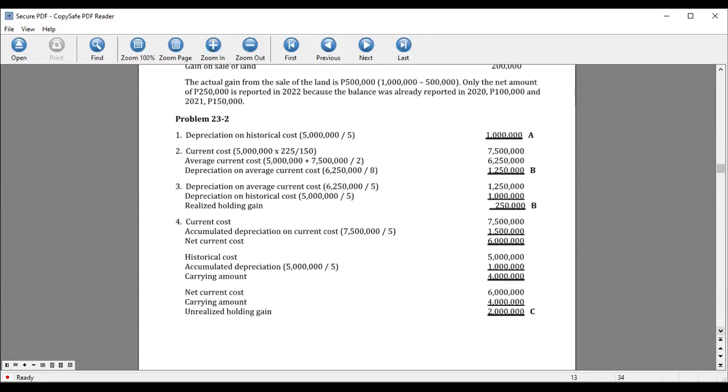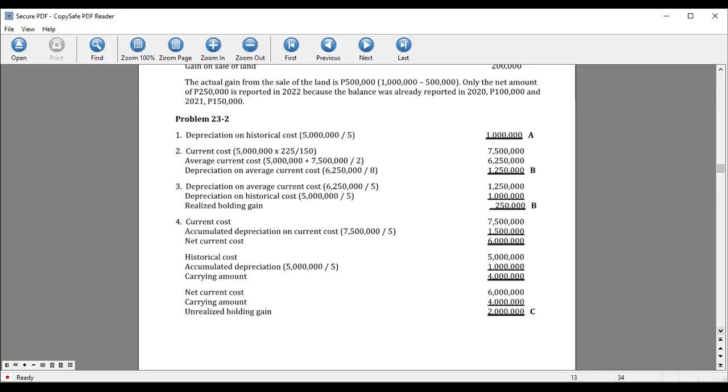Then we go to 23-2. What amount of depreciation should be reported in the historical cost income statement for 2020? The historical cost is 5 million on the equipment acquired on January 1, 2020. Depreciation is computed using the straight line method.